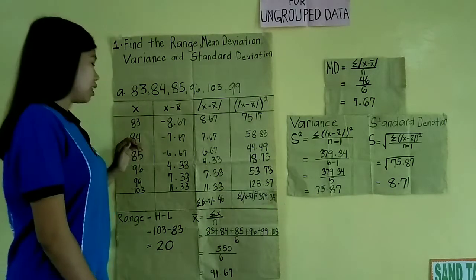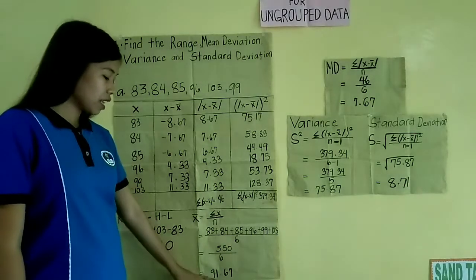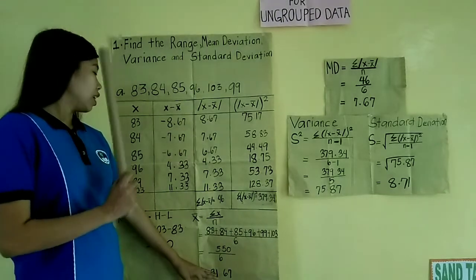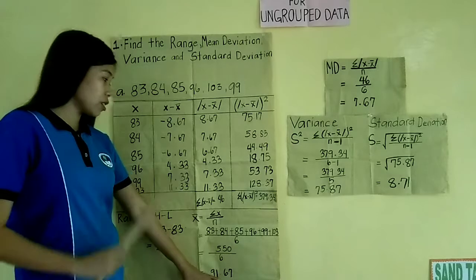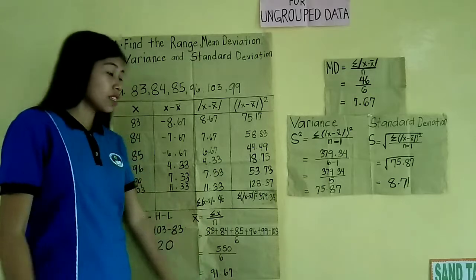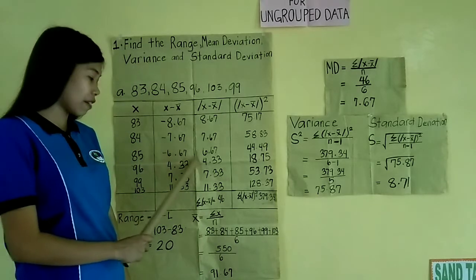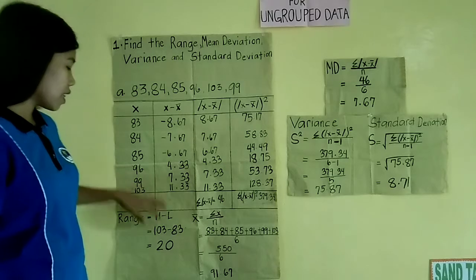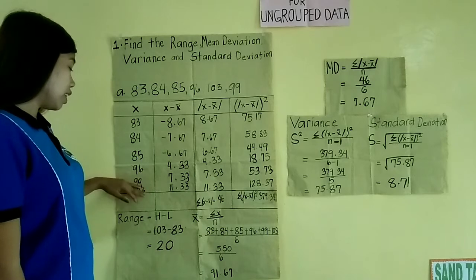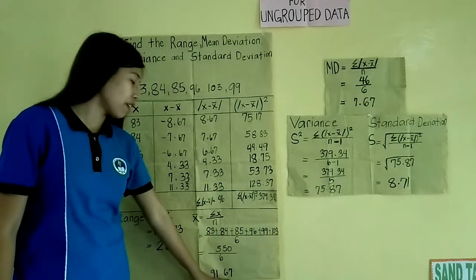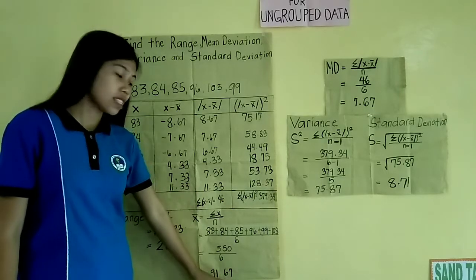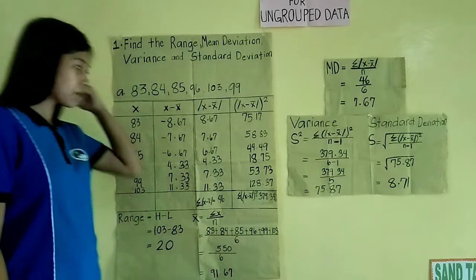So, 83 less the mean, which is 91.67, is equal to negative 8.67. 84 less 91.67 is equal to negative 7.67. 85 less 91.67 is equal to negative 6.67. 96 less 91.67 is equal to 4.33. 99 less 91.67 is equal to 7.33, and 103 less 91.67 is 11.33.